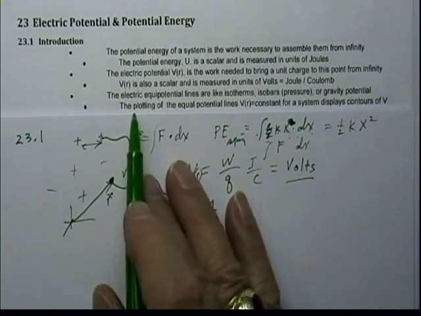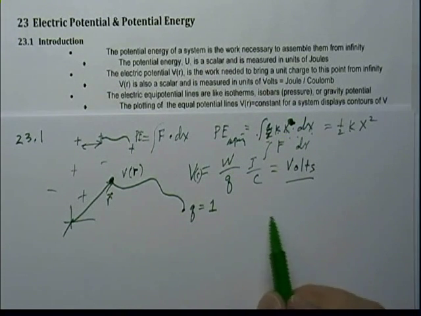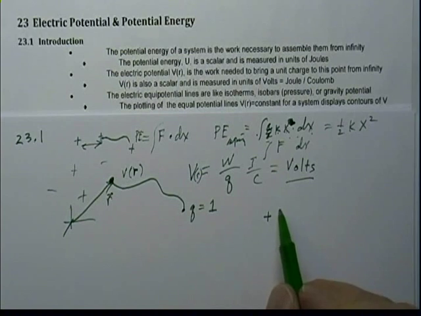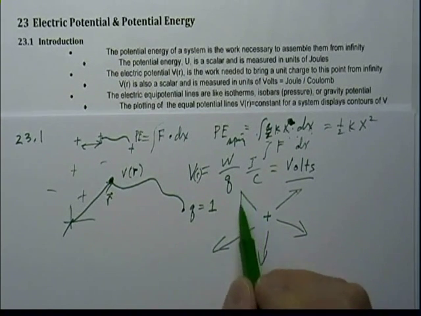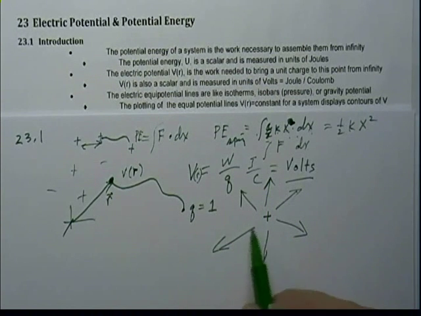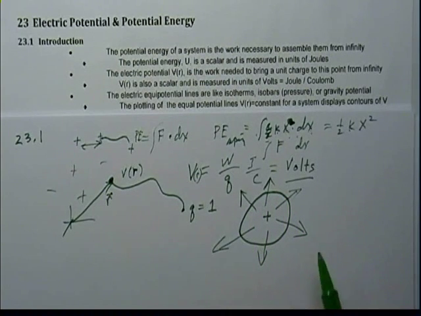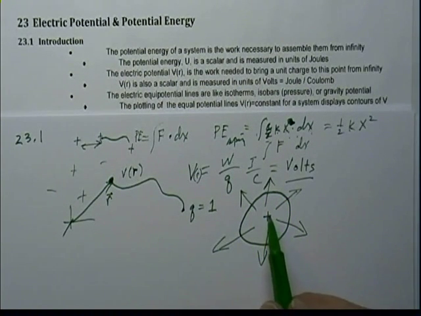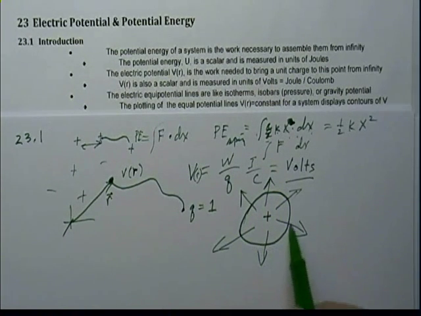Now I can plot equipotential lines, and they're kind of like isotherms. If I have a positive charge here, then you know the electric field goes out in every direction. But an equipotential line goes around this charge at a fixed distance. Kind of like you could imagine this is a hill, and this is a path that neither goes up or down the hill.